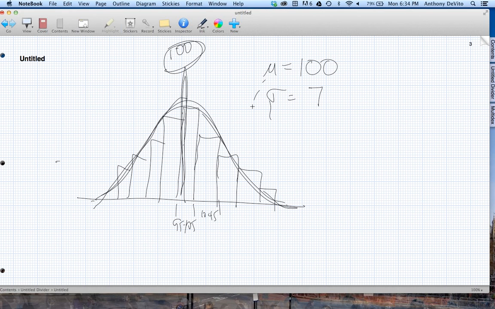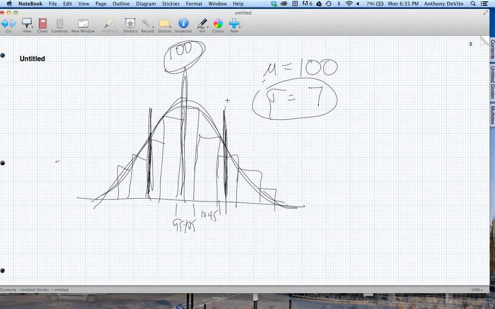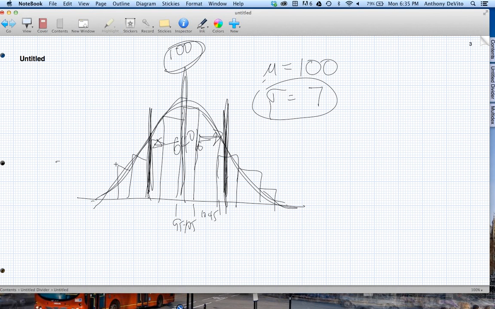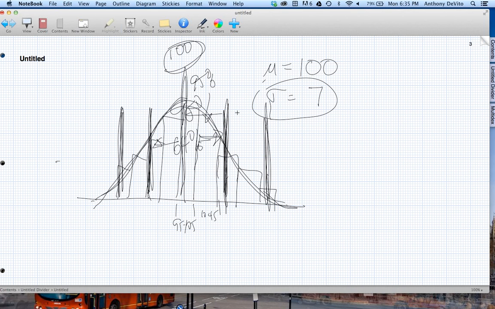Okay. Interesting thing about this standard deviation, I can predict that approximately 68% of the distribution is within one standard deviation below the mean and one standard deviation above the mean. I can also predict that 95% of the population is between two standard deviations below and above the mean.